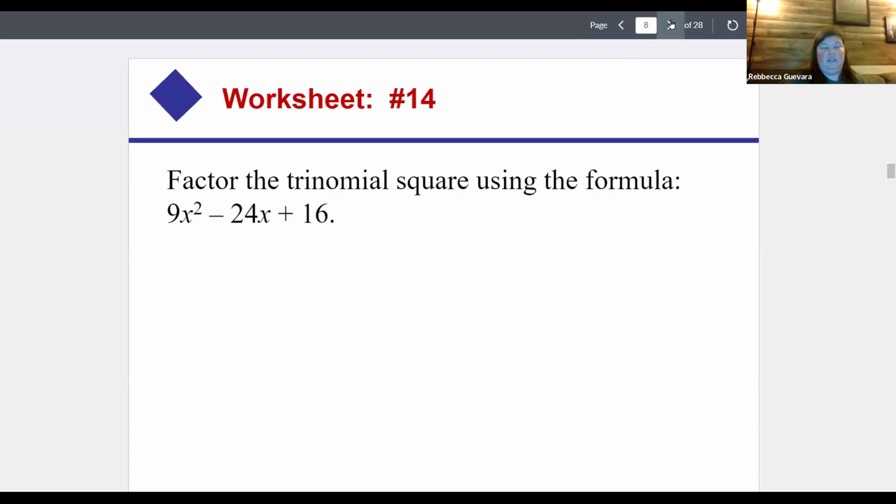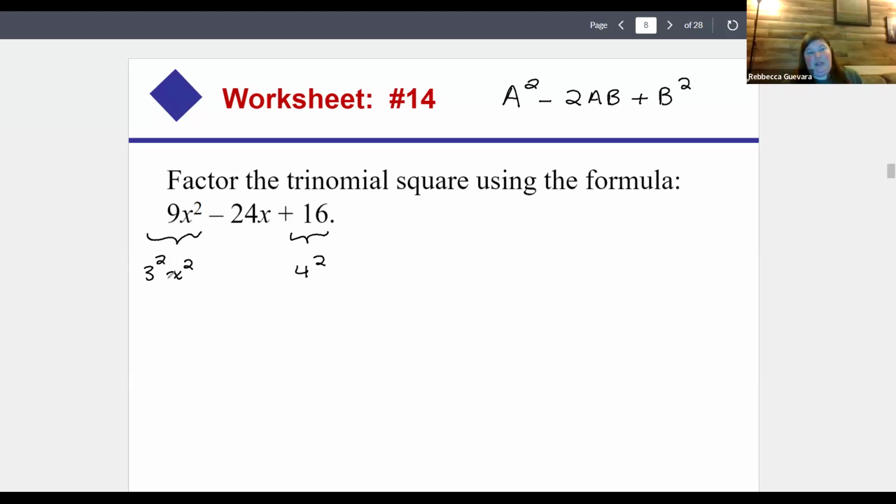All right, so with this one, like I said, we got a negative here, so we're looking for something like a squared minus 2ab plus b squared. Already we know that because of that negative. But we have to look at these two edges first. So here, that's just 3 squared and x squared. And 16, that's just going to be 4 squared.